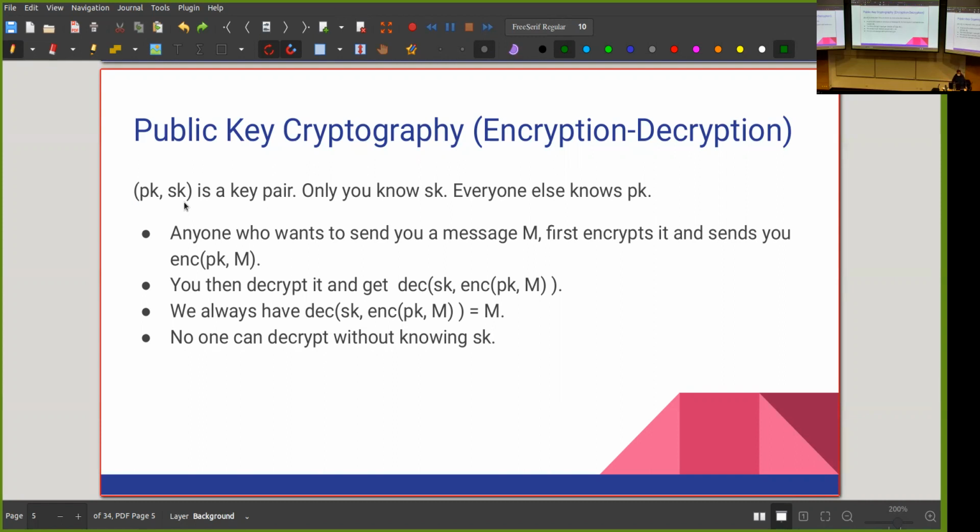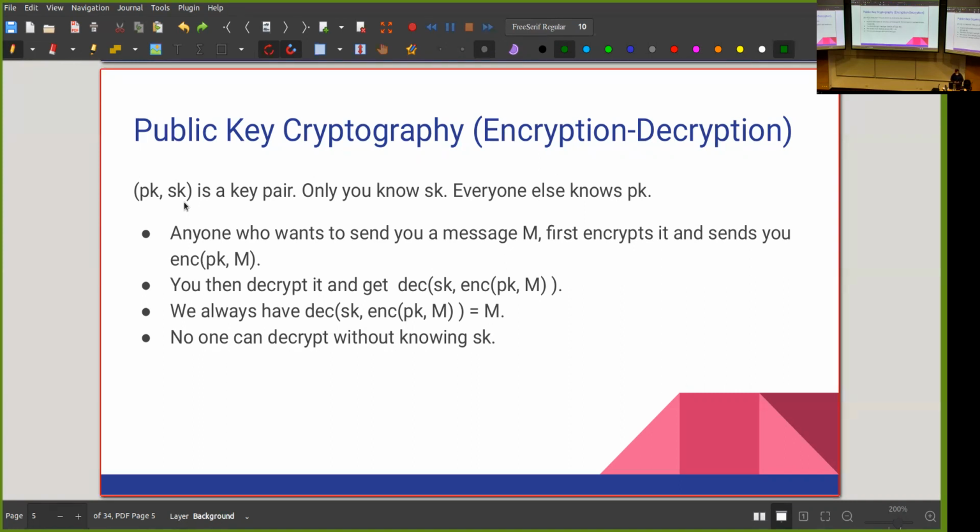So if someone wants to send me a message, they have to encrypt it. And in order to do the encryption, they will need my public key. But then in order to read that message, in order to decrypt it, the secret key is needed. And I'm the only one who has this secret key. So I'm the only one who can decrypt messages that were encrypted using my public key, and no one else can read messages that belong to me.